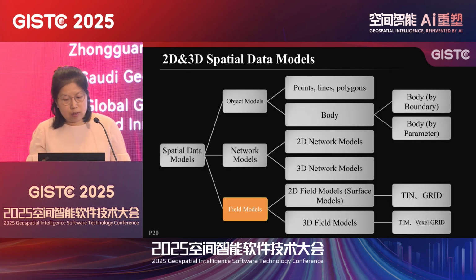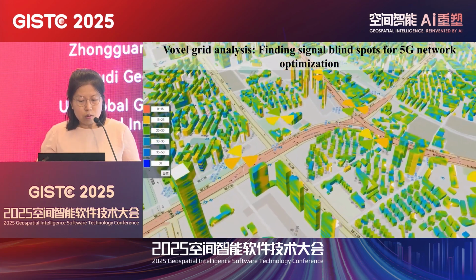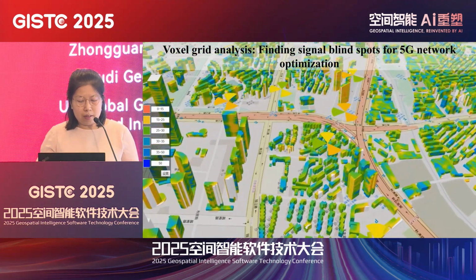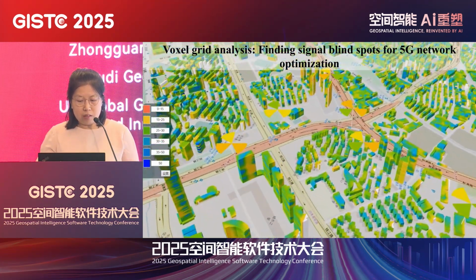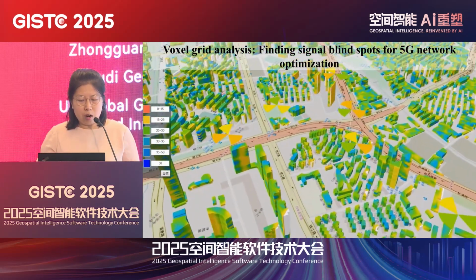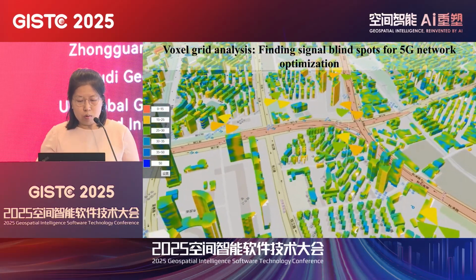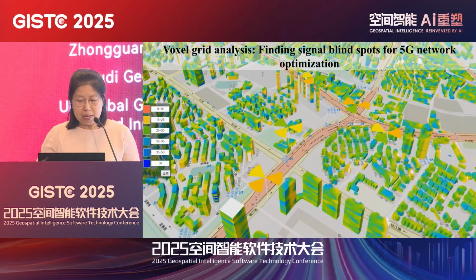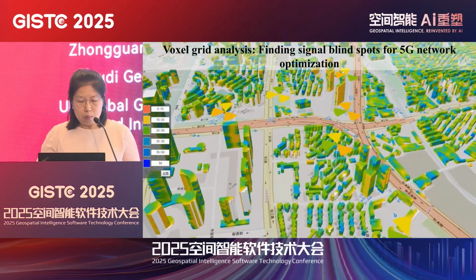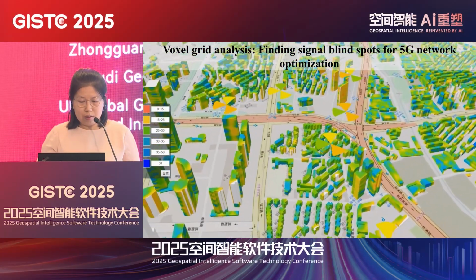Next, let's take a look at field models. SuperMap's voxel grid technology breaks 3D space into small units we call voxels. We can attach voxels to models for voxel-based analysis, while different colors represent signal strength.